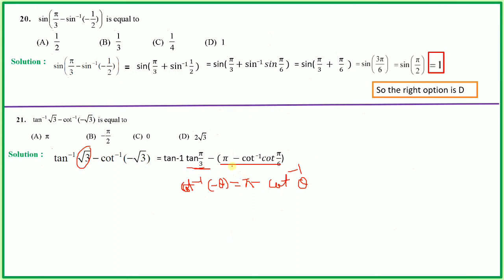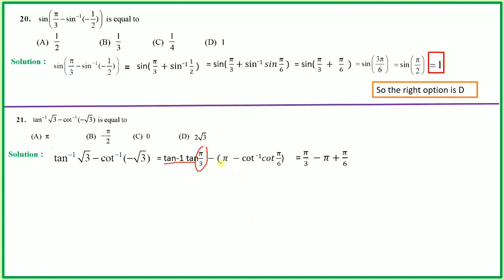So cot inverse minus root 3 will be pi minus cot inverse root 3, and cot of 30 degree, pi by 6, gives root 3. So it equals pi by 3, and tan inverse is removed because pi by 3 belongs to the first quadrant.